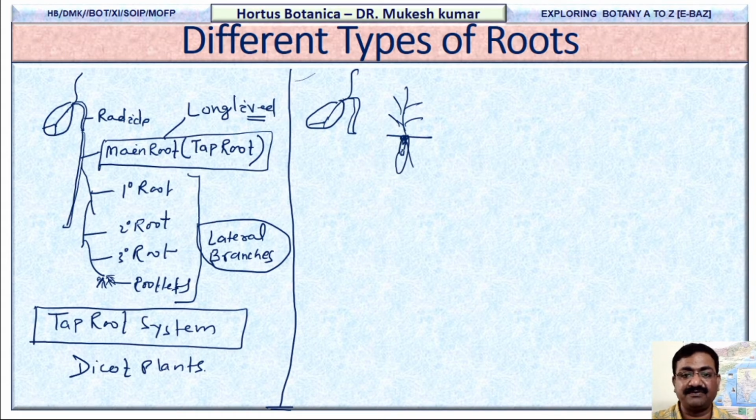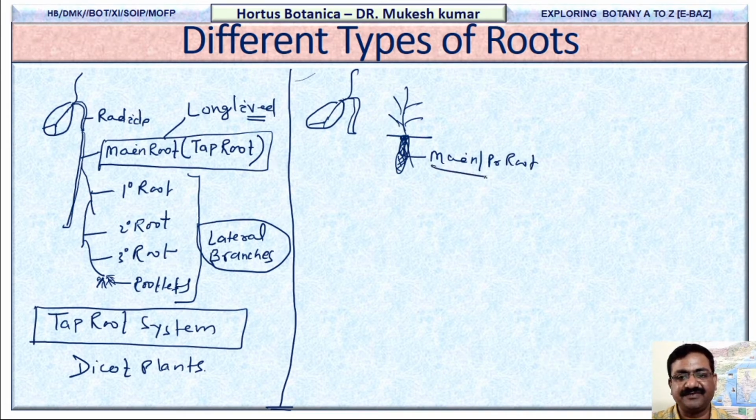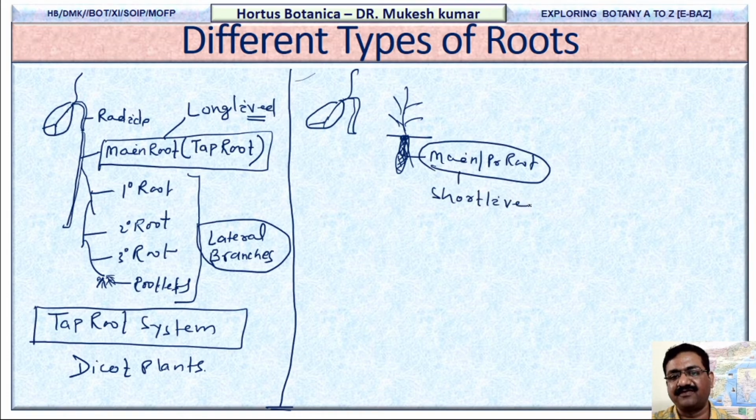But what happened if this main root or primary root is short-lived? They will not survive for a long time. They are short-lived. Try to understand.